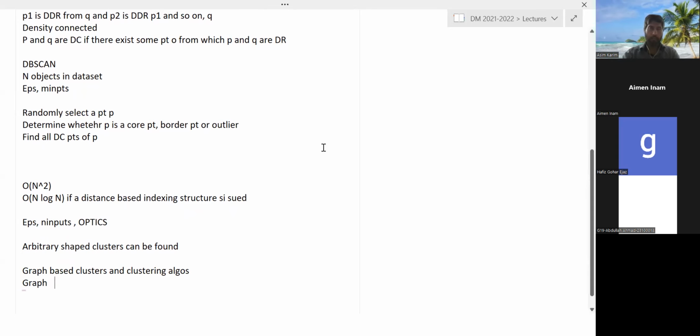So graph-based clusters are defined by, you can say, connected portions of a graph. So density-based clusters were defined by dense regions. Graph-based clusters are defined by connected regions or compact regions within a graph.